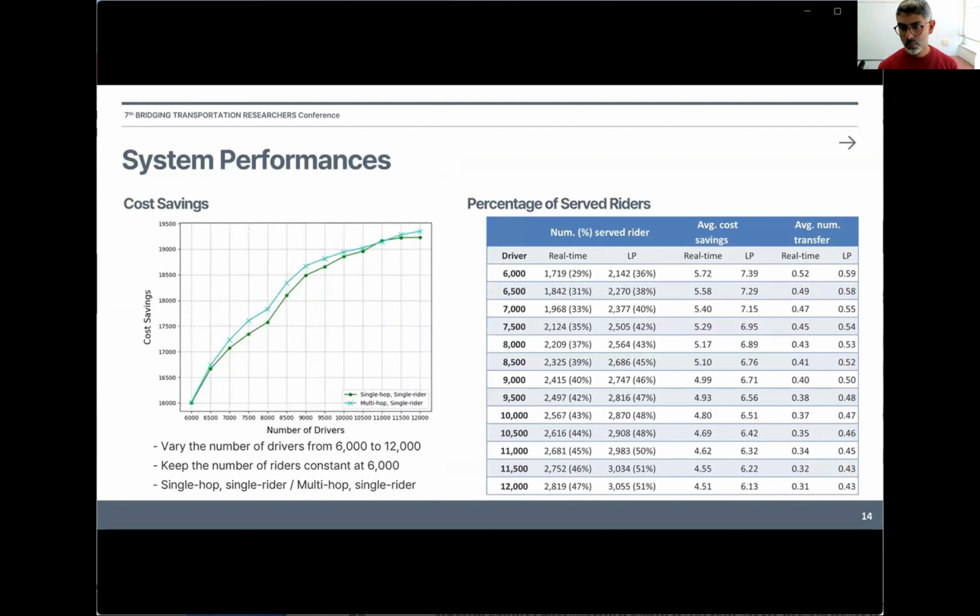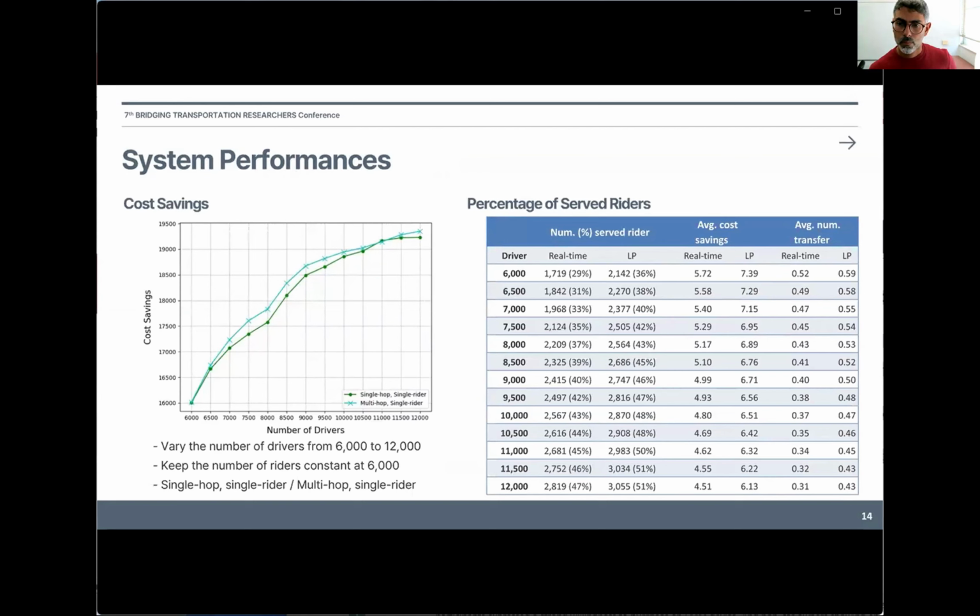We now examine the relationship between the number of drivers and cost saving. By varying the number of drivers from 6,000 to 12,000, while keeping the number of riders constant at 6,000, we observed that increasing the number of drivers results in higher cost saving.